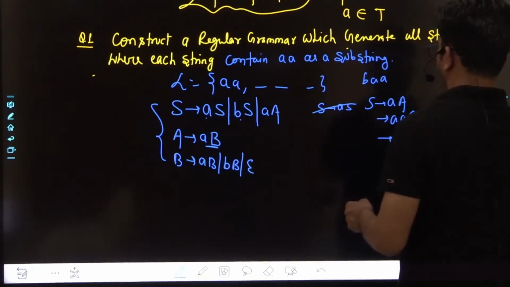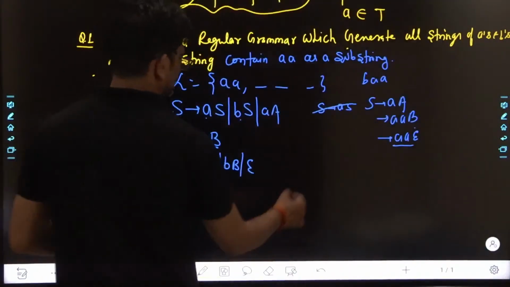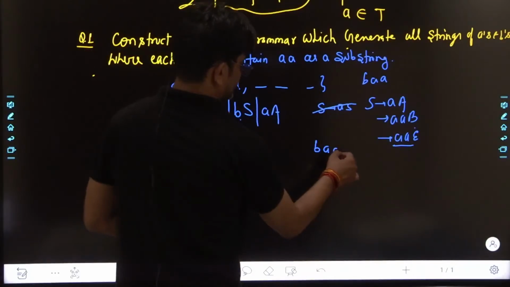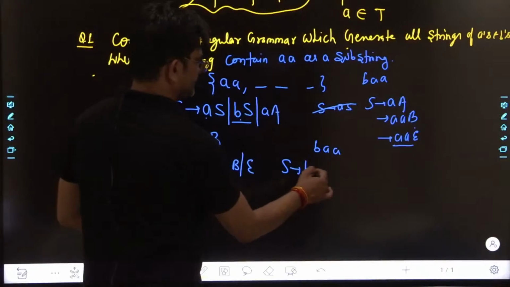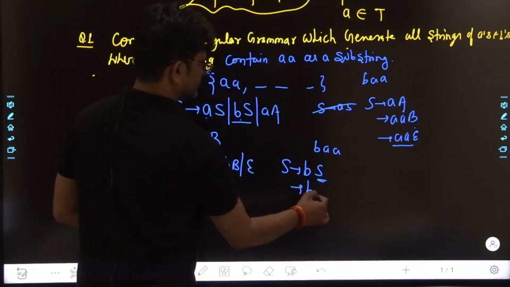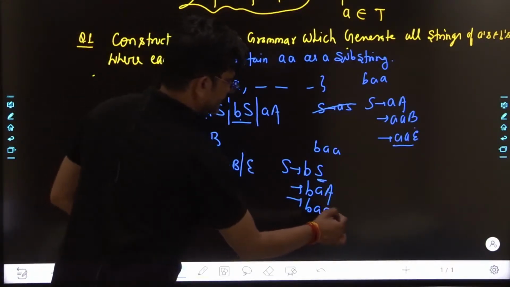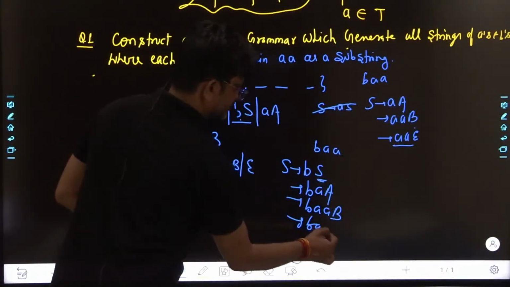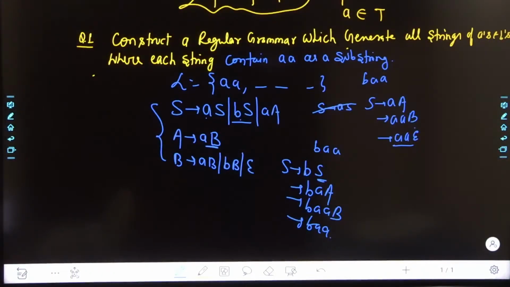Instead of B, we put epsilon. So it generates double A. Now check how to generate B double A. Take this production, S determines BS. Put AA instead of this, and put AB, and put epsilon instead of B. Clear?